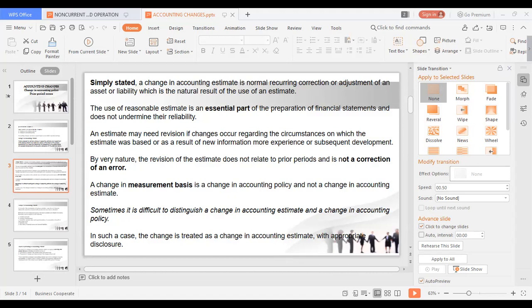Then for 8.6, the depreciation for 2020 is the one being asked for. So we have now on January 1, 2018, Z Company purchased for 2.4 million a machine with useful life of 10 years and no residual value. So that means 2 million 400,000 divided by an original life of 10 years.